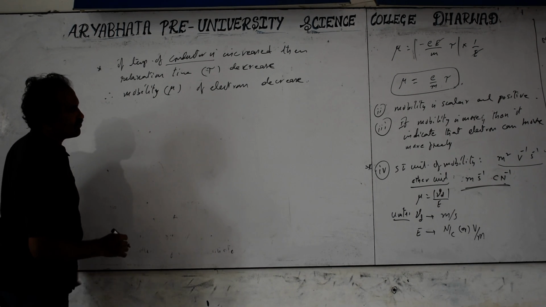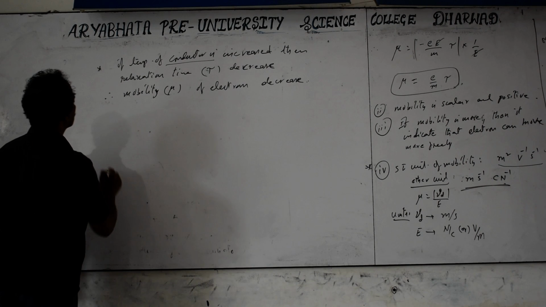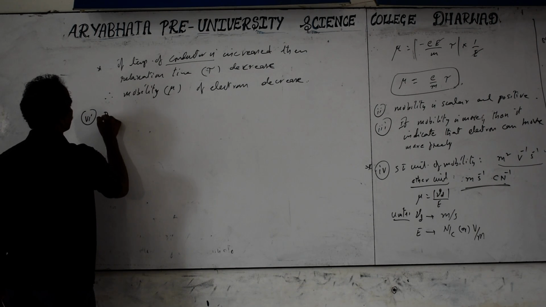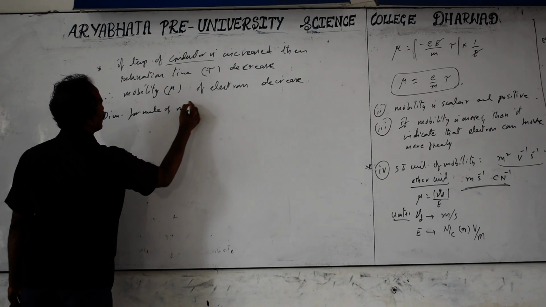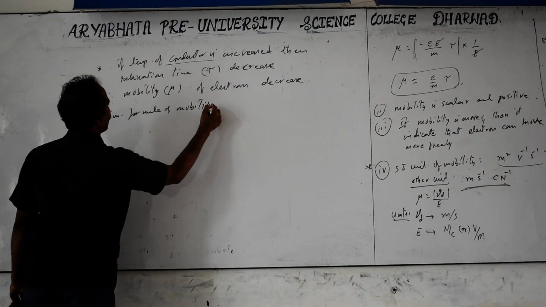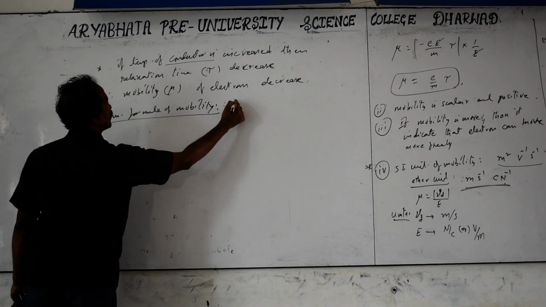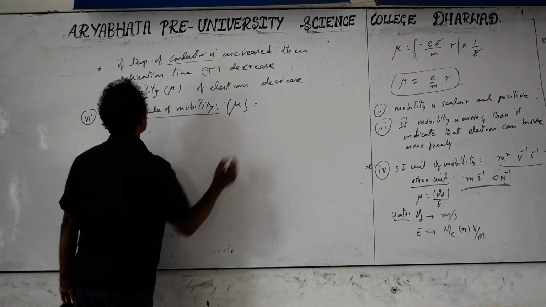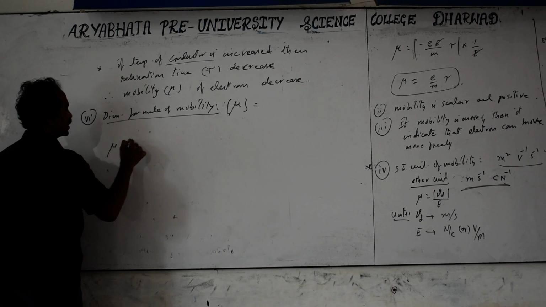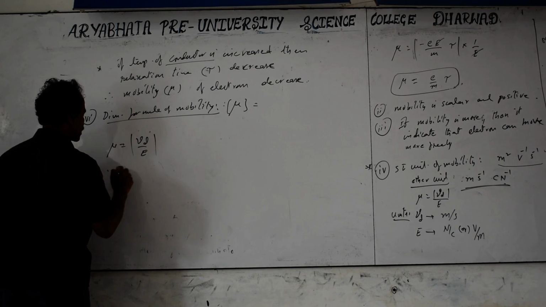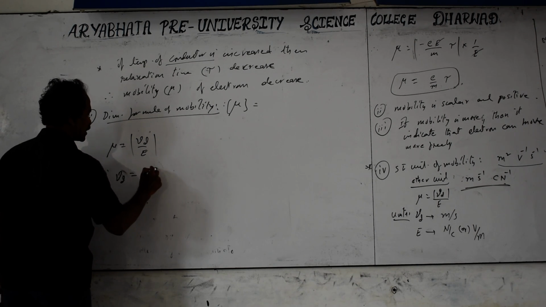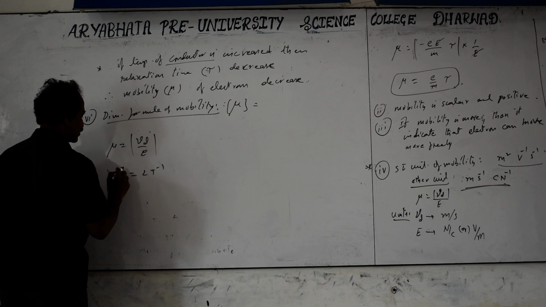Next is the dimensional formula of mobility. Mobility is velocity by electric field, and the dimensional formula of velocity is L t to the minus 1, M to the 0.